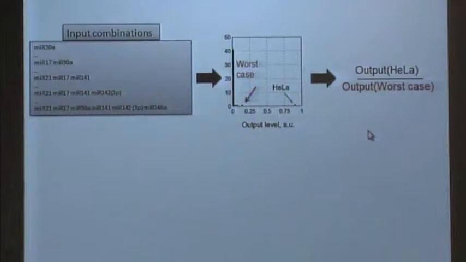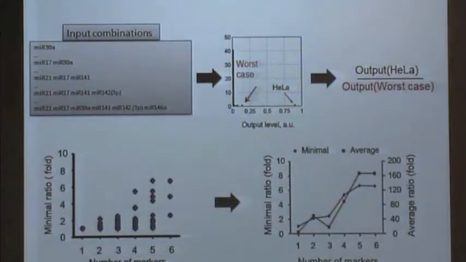Okay? This is a simple slide that I want to tell you. Basically, more is better. And so probably most of you will agree with it. When we looked at a few microRNA biomarkers, they were just not enough. They didn't give us the right level of specificity. But as we increase the number of biomarkers, we get higher and higher specificity. And we thought in this particular case that 5 or 6 would actually give us the right level of specificity.